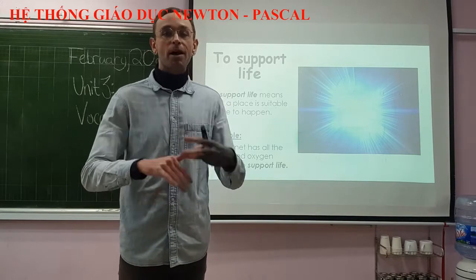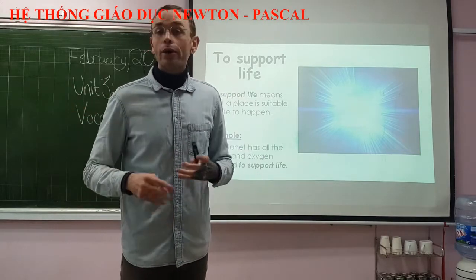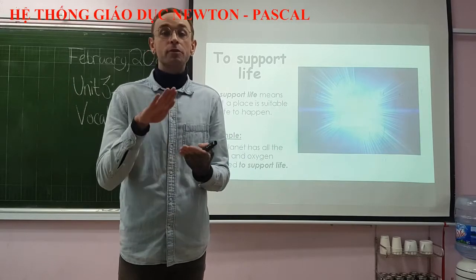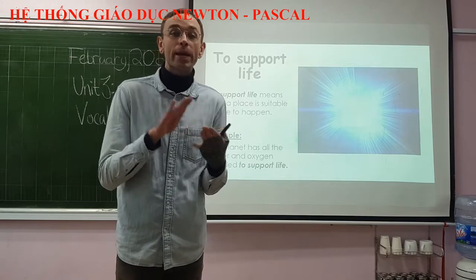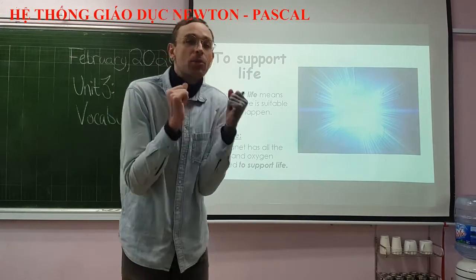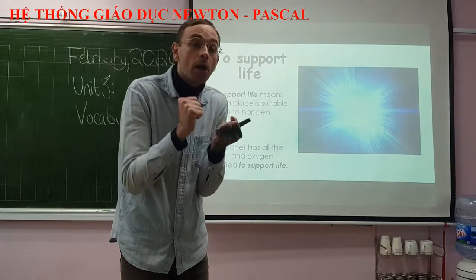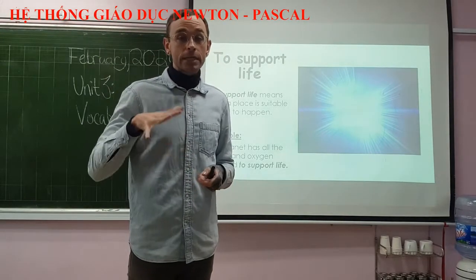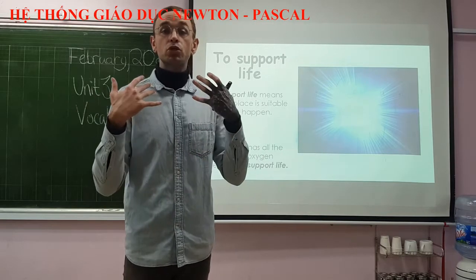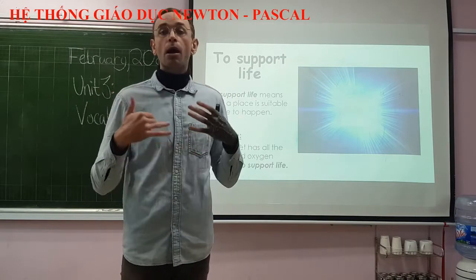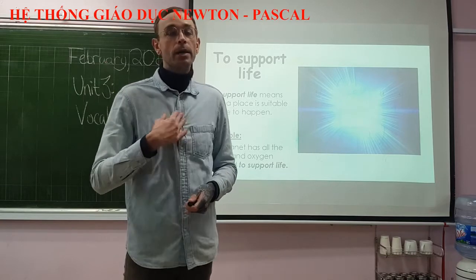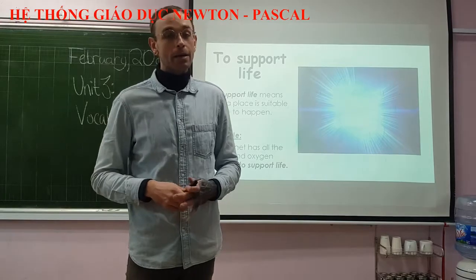They are made up of poisonous gases, or they are very, very hot, or the pressure of gravity is so great that you would not be able to walk on the planet. It would crush you into a little ball because the gravity on that planet, just like our gravity, is much stronger. Okay? Our gravity is just right to support our life, but on a different planet it might not be.